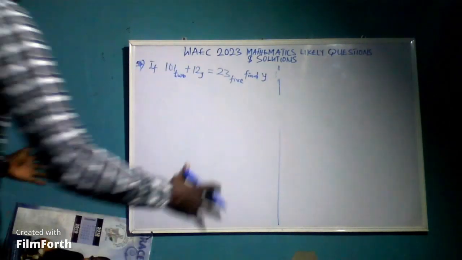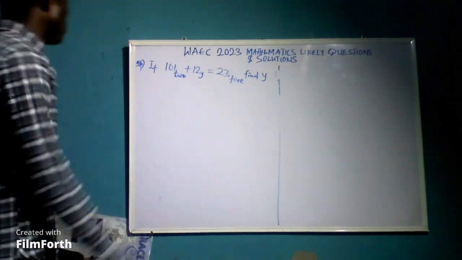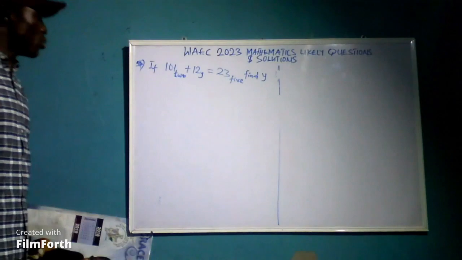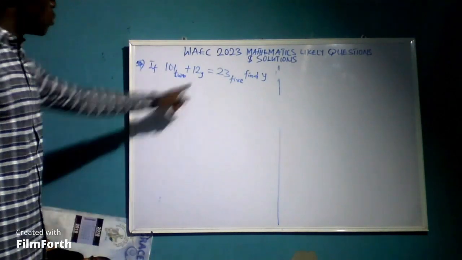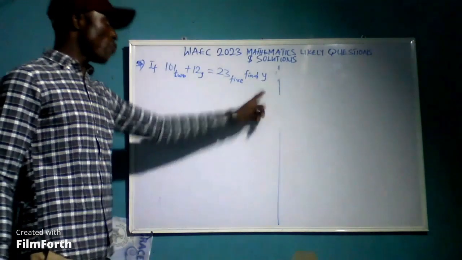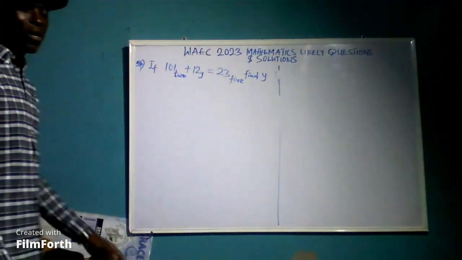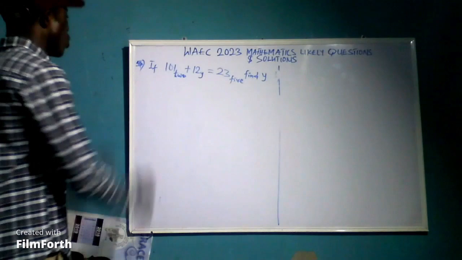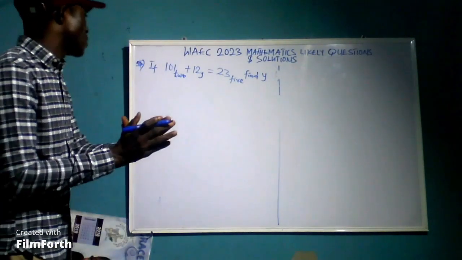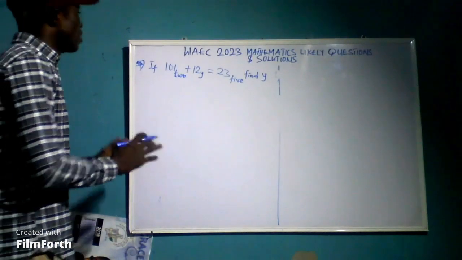Now let's joyfully take question number 5. Question number 5 is stated as: if 101 into base 2 plus 12 into base y equals 23 into base 5, find the value of y. In other words, find y. Okay, how do we solve this kind of question? We straight away convert all the numbers from their initial bases into base 10.